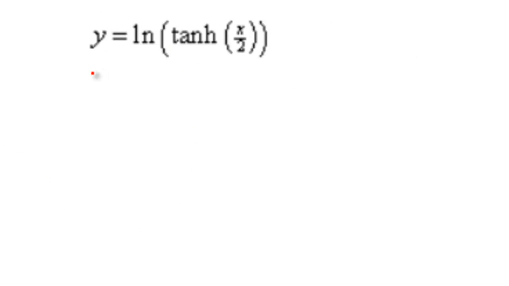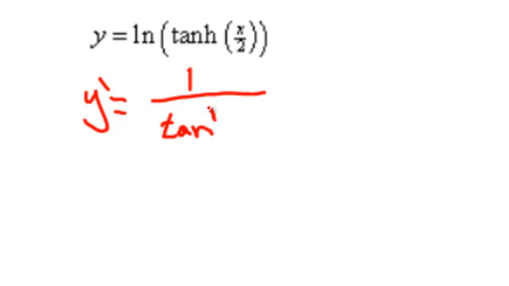In this example then, we have a natural log of a hyperbolic tangent of x over 2. So again, chain rule. Outside in, whereas order of operations we think of as inside out, so it's the opposite. So the outside function here is the natural log. Derivative of natural log, we should know, is 1 over whatever is in the brackets, so that stays the same.